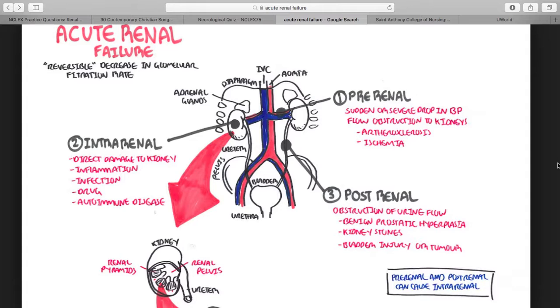So if you have drugs that are very cytotoxic, like your vancomycin, your gentamicin, your dyes, your chemicals like antifreeze or methanol, those are going to damage or really take a toll on the inside of your renals.